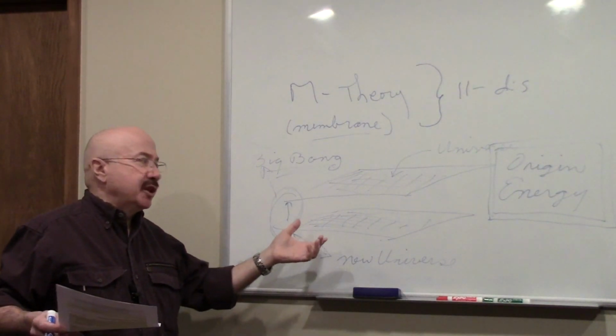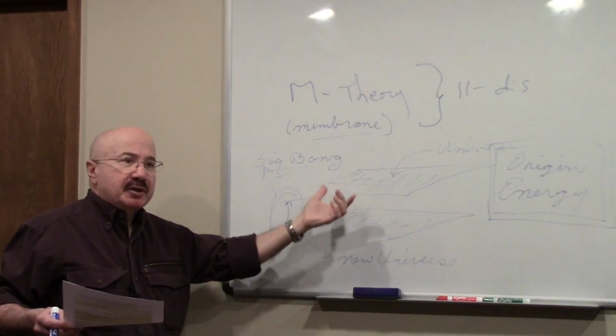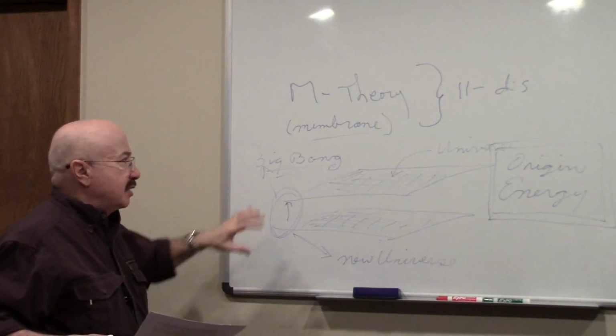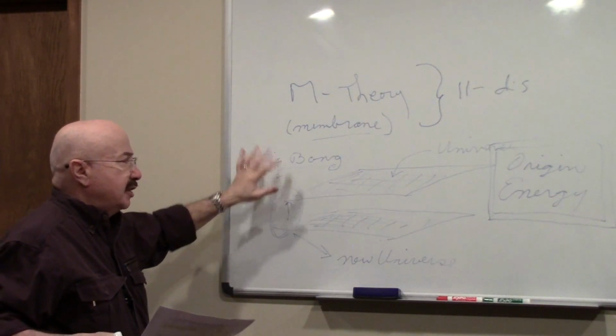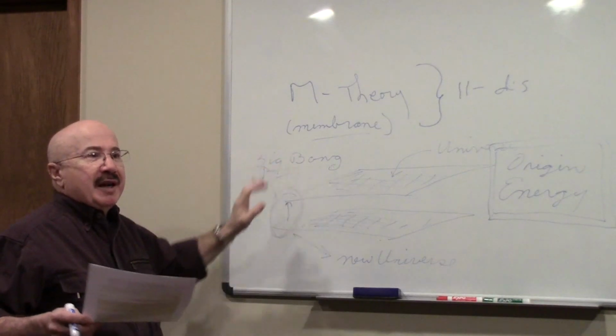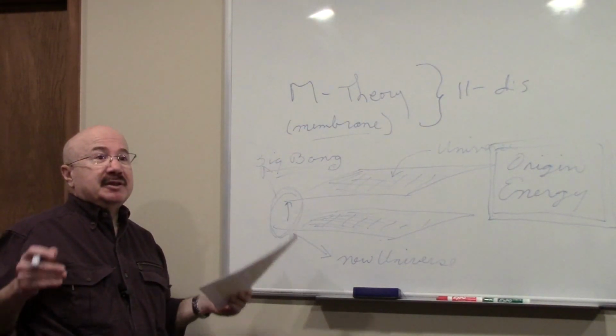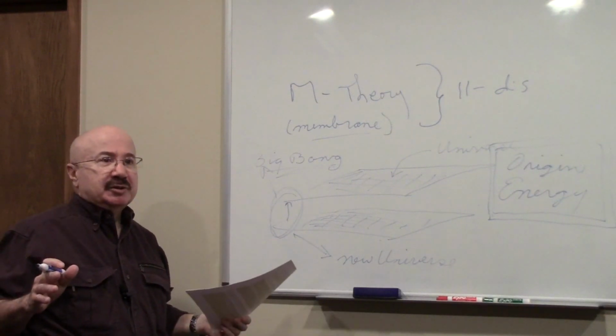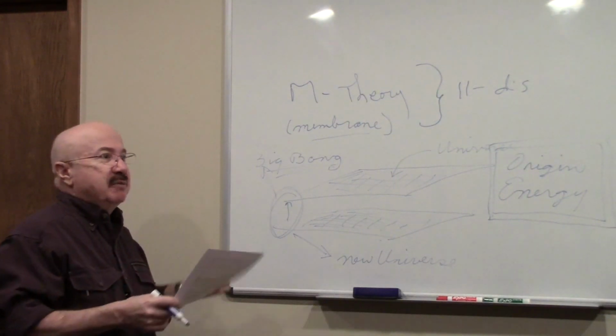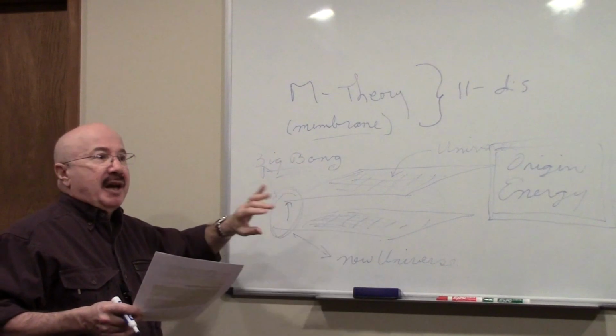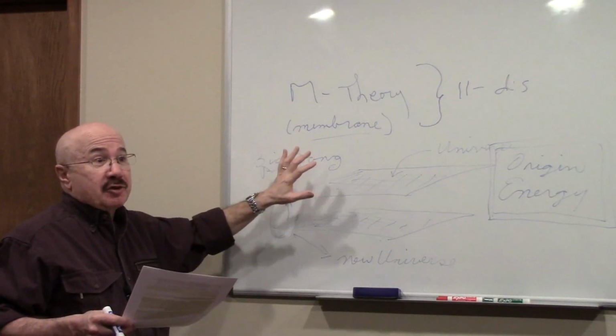You know, where do we get the energy to create membranes, so that when they collide, they can create a new universe? And that continues to be the big issue in the multiverse theories and in the entire theory of the universe.